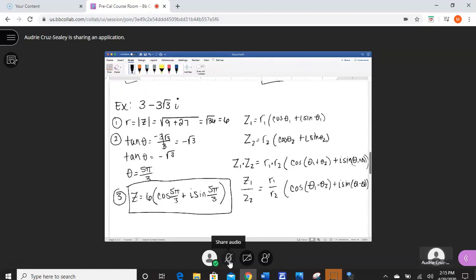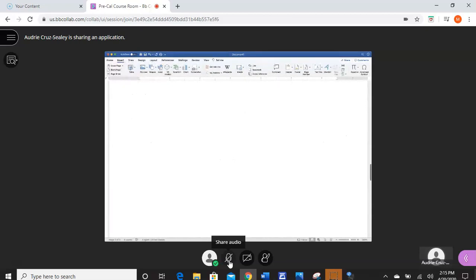Okay, so now we're going to apply this on the next example. Here's the first example. Here's one complex number in polar form. z1 is the square root of 3, open parentheses, cosine of 5 pi over 4 plus i sine of 5 pi over 4.